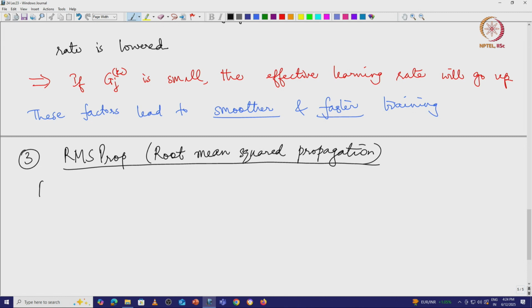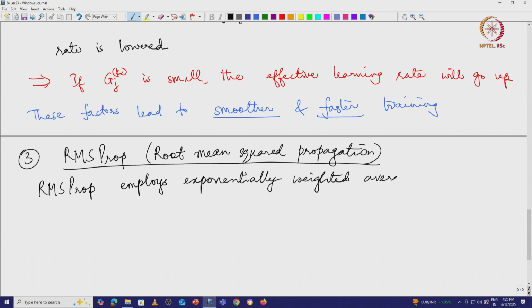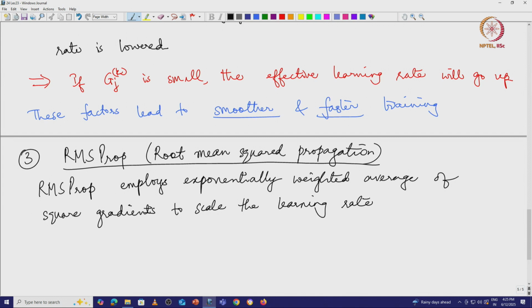So, the RMSprop employs an exponentially weighted average of squared gradients to scale the learning rate for each parameter.